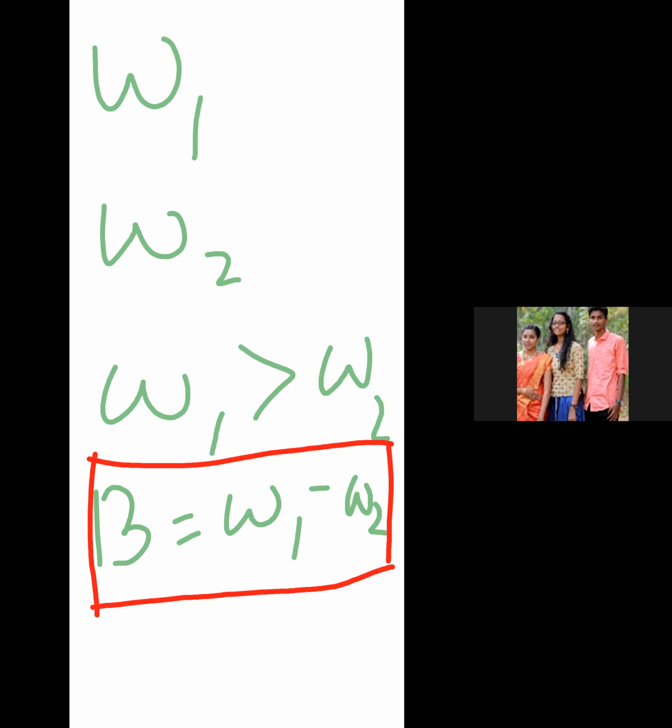So buoyant force or buoyancy equals the weight of the object in air minus the weight of the object in any fluid. We have known that a fluid is any liquid or gas. Is it clear? Yes, teacher. This is the buoyant force equation, that is W1 minus W2.